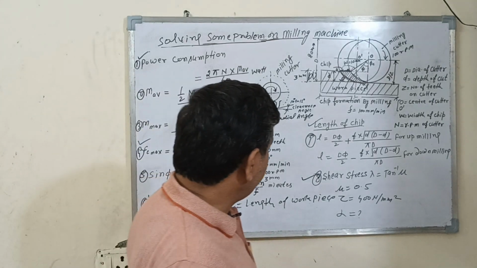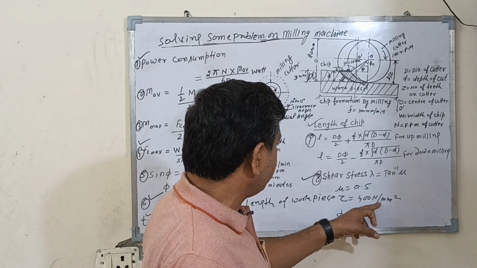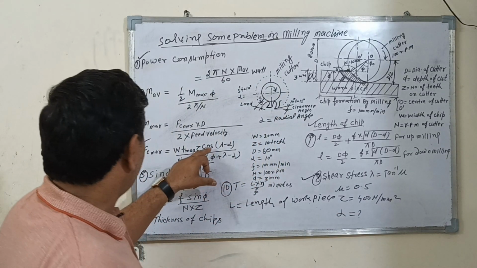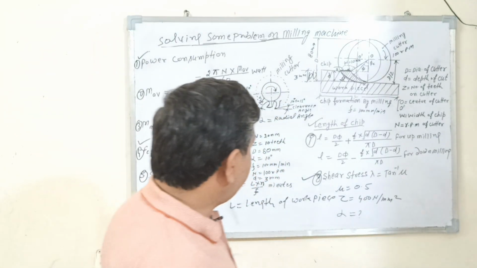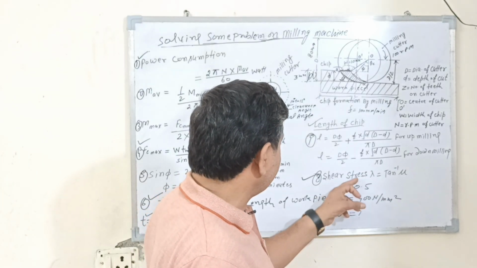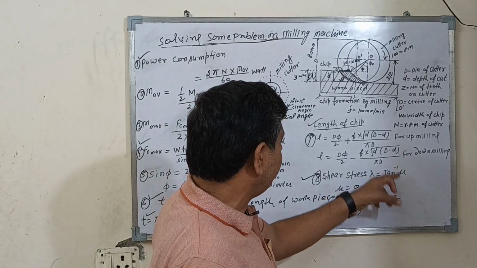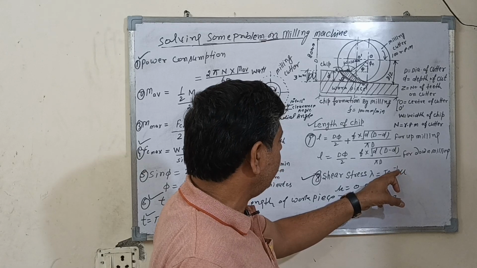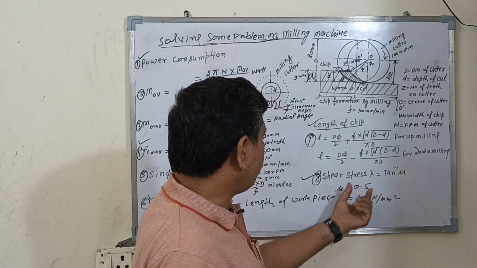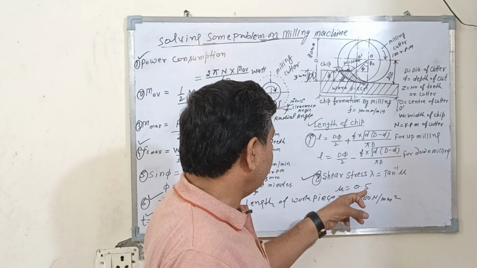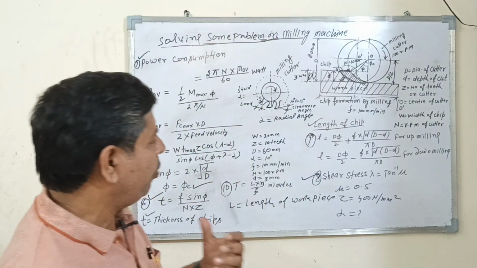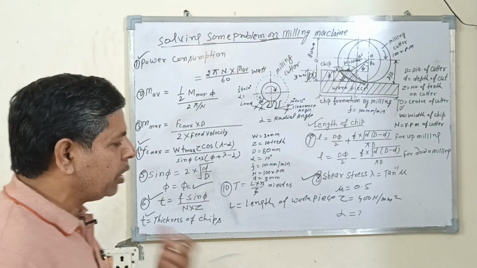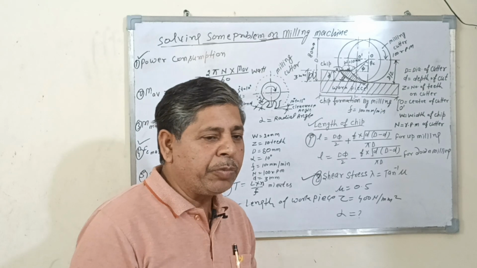The value of tau is 400 Newton per mm square. For cos lambda, lambda relates to the shearing stress, and lambda is equal to tan inverse of mu. Mu is the coefficient of friction. What is the coefficient of friction? It is the coefficient of friction between the workpiece and the cutter.